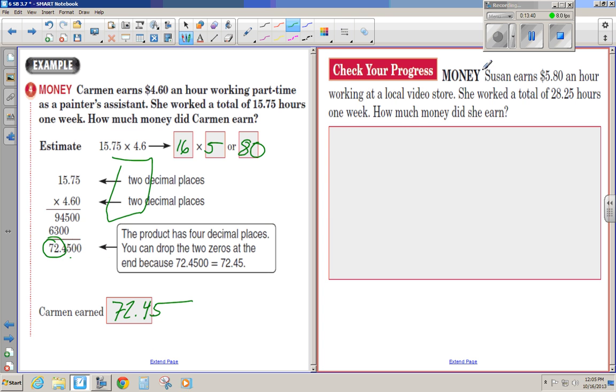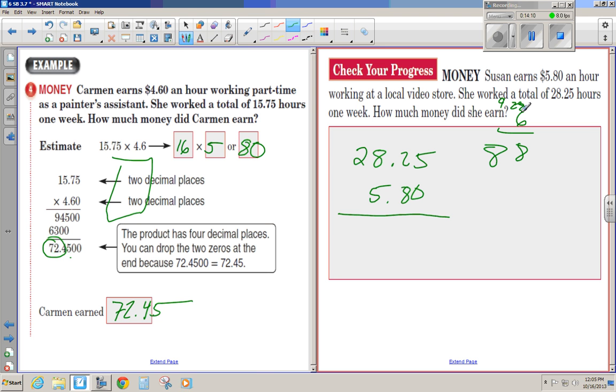All right, let's do this one. Now you've got 28.25 hours times 5.80 dollars per hour. You should have about 6 and 29 maybe, or 28. Your answer should be close to maybe 88.